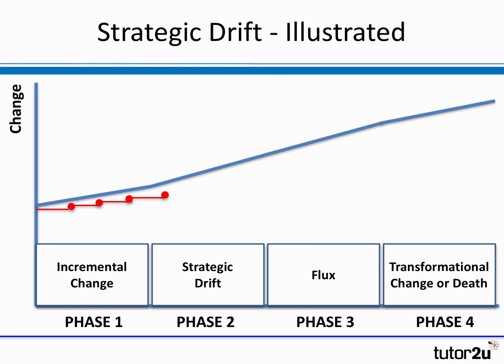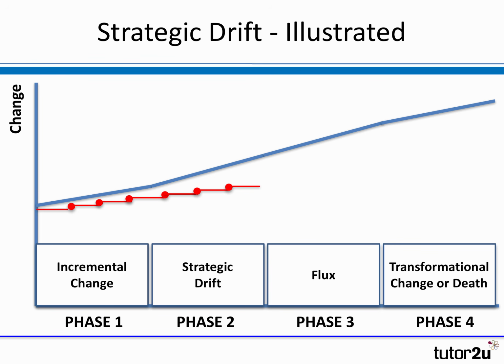However, the next period is where things start to go wrong. The process of strategic drift. The business is still making those small incremental changes, but what it's failed to notice somehow is that the change has got bigger or more significant, and the gap between where the business is and where it needs to be if it was to follow the change line is getting bigger and bigger. That is what we mean by strategic drift, or the business slowly finding itself off course.